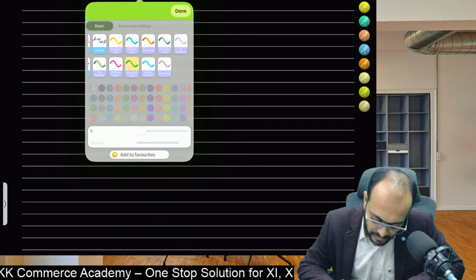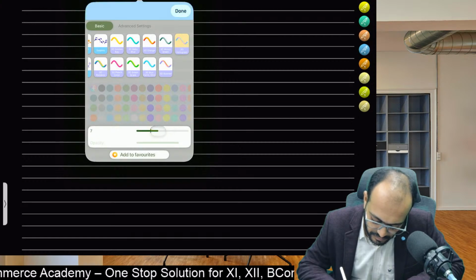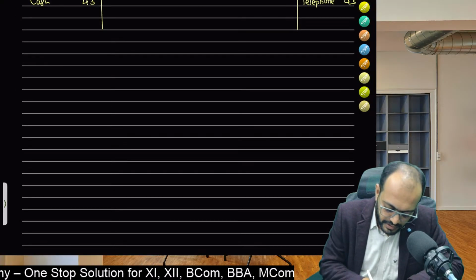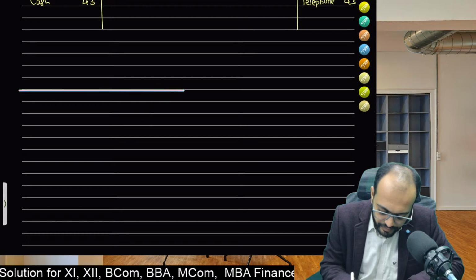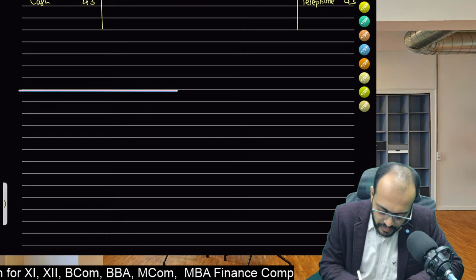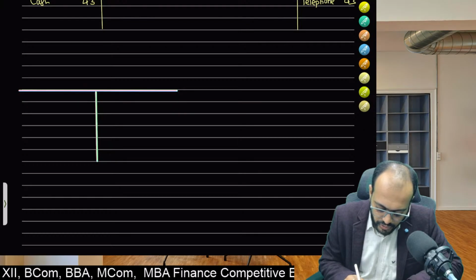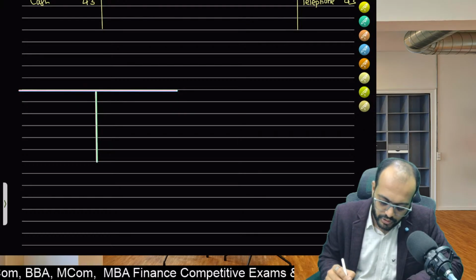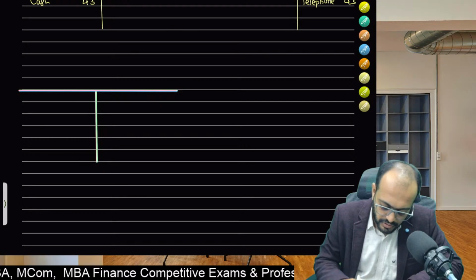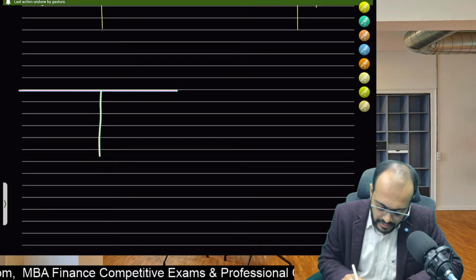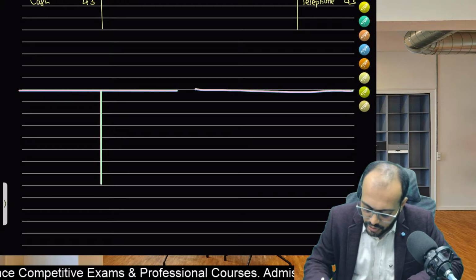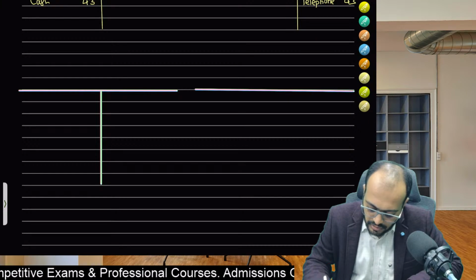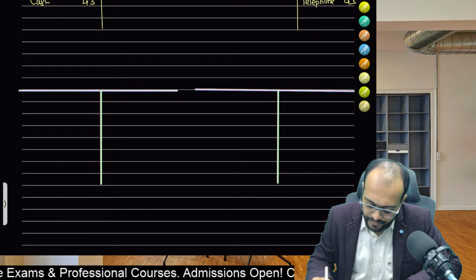I'm just drawing the T-shape ledger. I don't know which accounts are required because the question is not yet solved, but still I'm drawing two ledgers now.